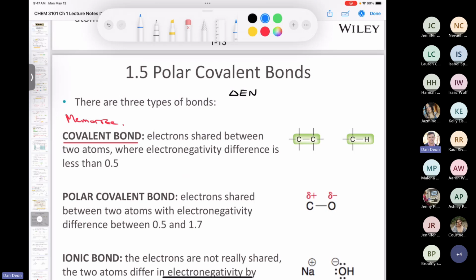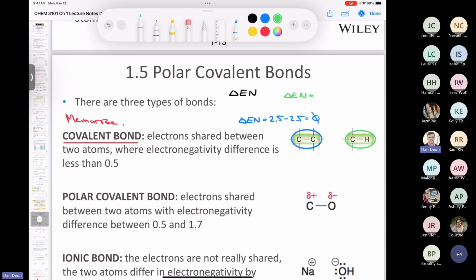So if I was to do the carbon-carbon bond, I'd say delta En is equal to, well, each carbon is 2.5, so 2.5 minus 2.5 gives me 0. So there's no difference in electronegativity between these two. Now, what about the carbon and hydrogen? Could anybody do the math and tell me what the difference in electronegativity between these two is?